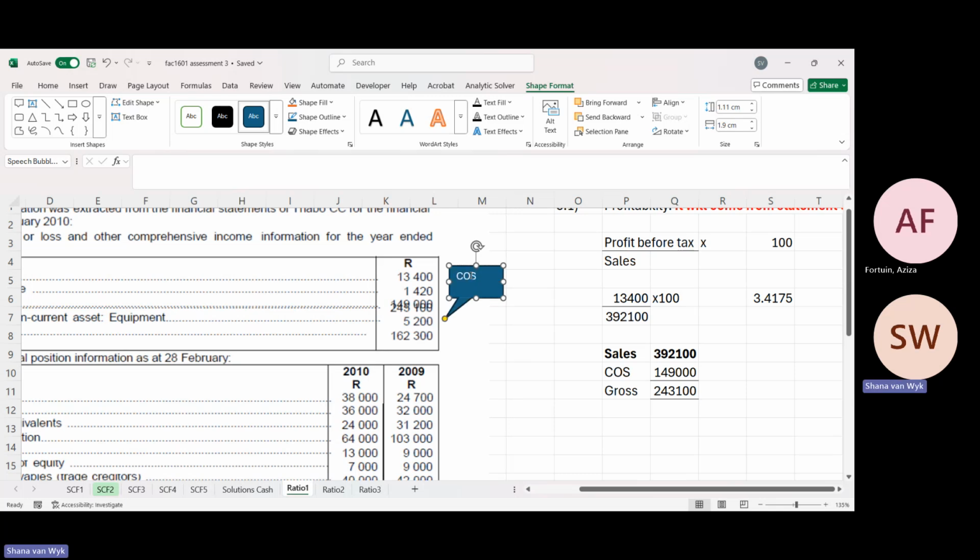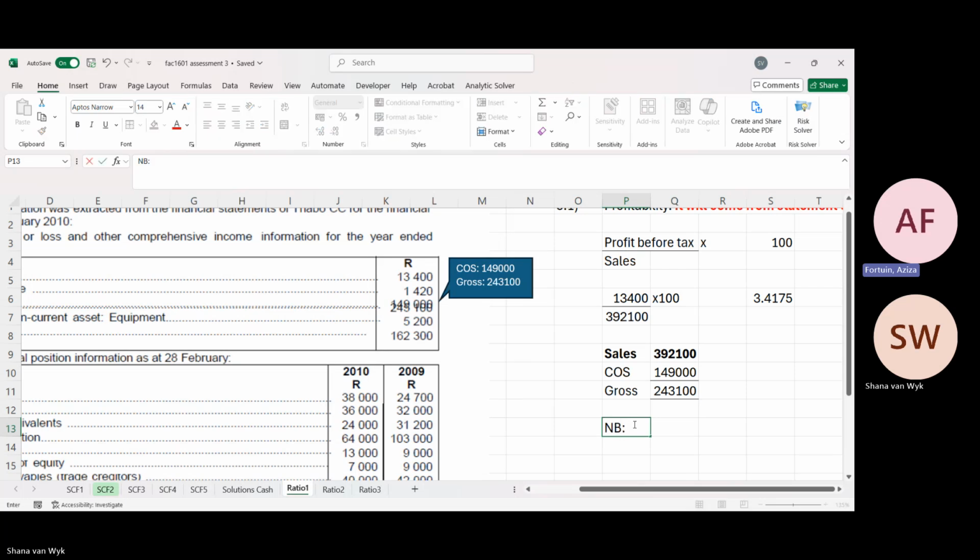So cost of sales was 149, and then gross profit was 243,100. Yeah, that's better. And there, that's good. Okay, then in the red, you can just write in B, remember to add cost of sales plus gross profit will give me my sales.